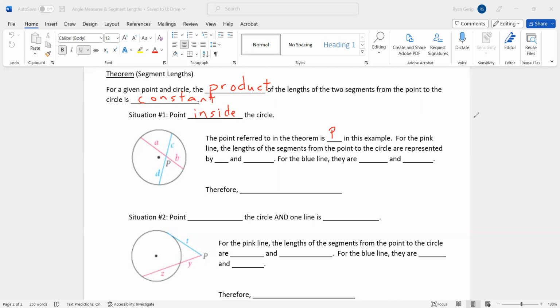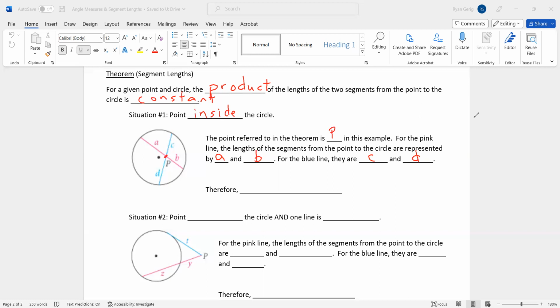For the pink line, the lengths of the segments from the point to the circle, so from this point to the circle, are represented by A and B. For the blue line, from the point to the circle is represented by C and D. Okay, so hopefully you see what I'm talking about here. I'm looking at all four of those segments from the point to the line.